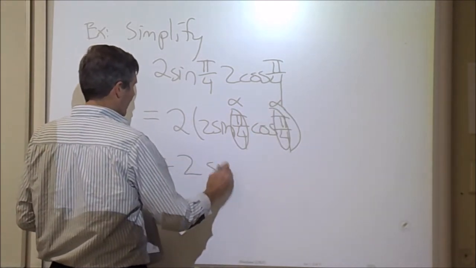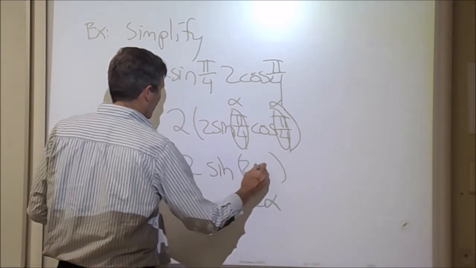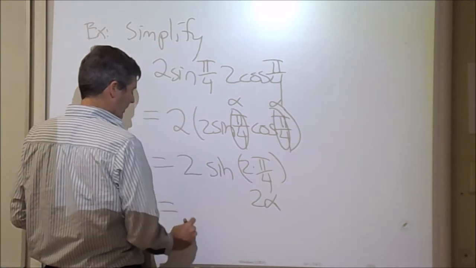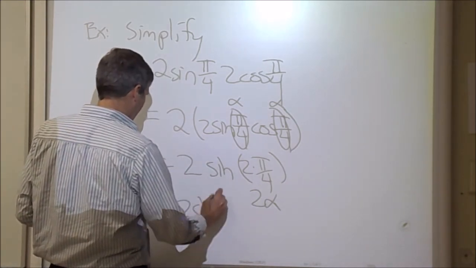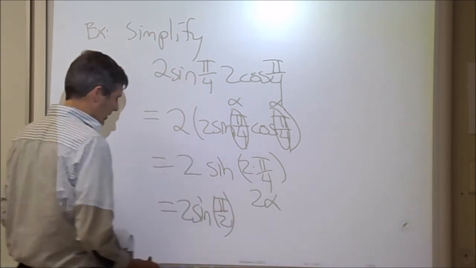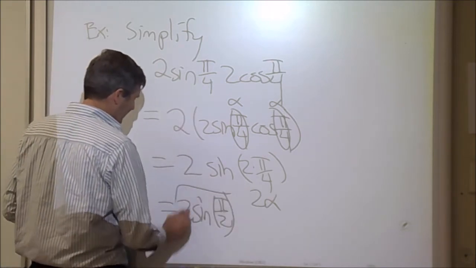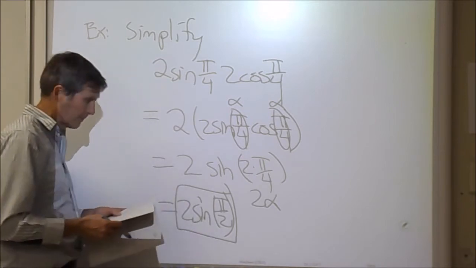So this is sine of 2 times pi/4. Now what we have is the sine of pi/2. Now we can also evaluate this and say, oh, sine of pi/2 is 1. But I just said simplify, so I'll simplify it to here. You could have done this with some other angle besides pi/4.